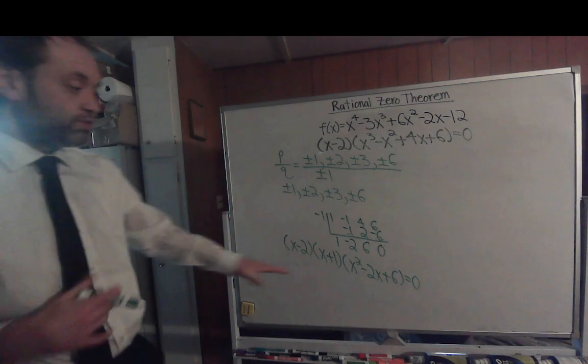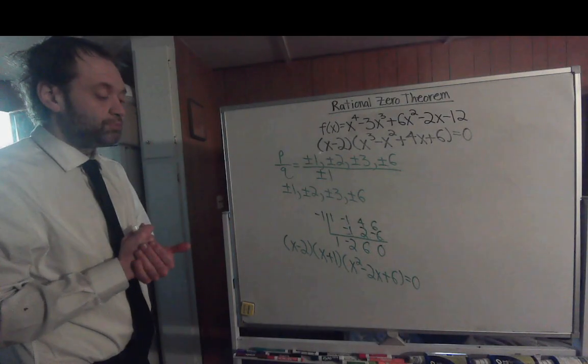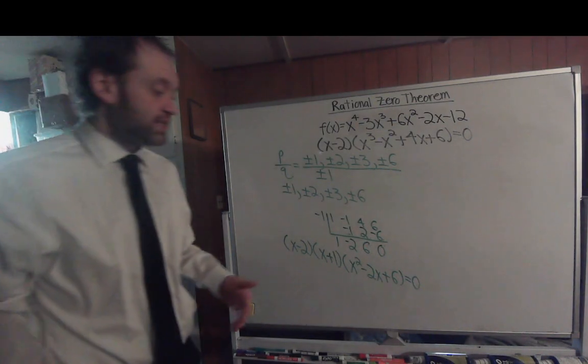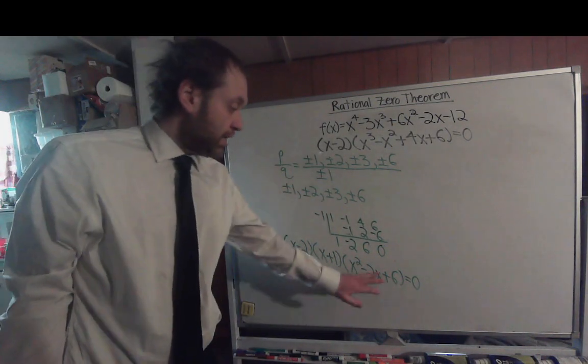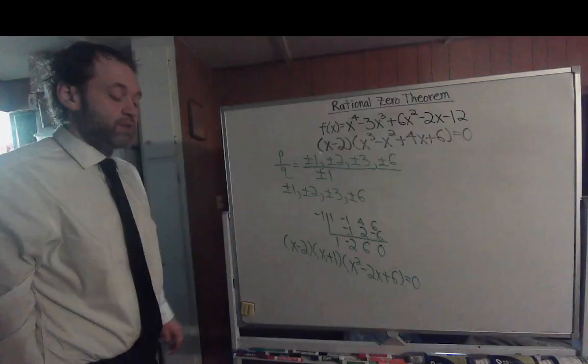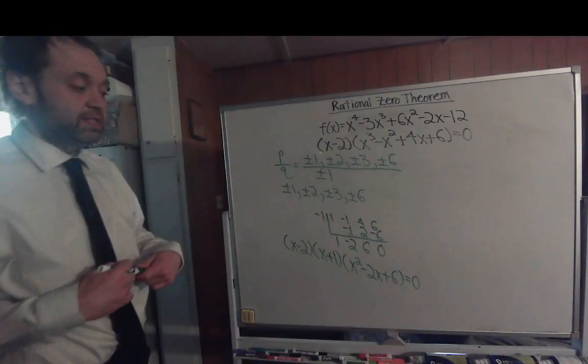So now we have two linears and a quadratic factor. The bad news is I don't think this quadratic is going to factor. I think we're going to have to use the quadratic formula. So let's set that up.